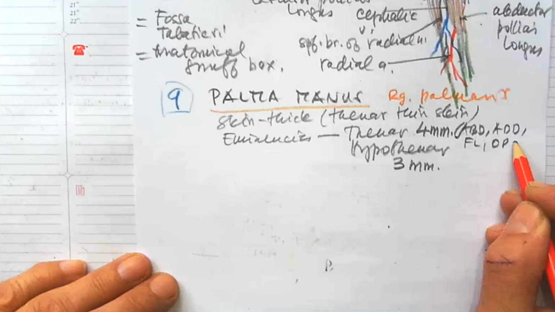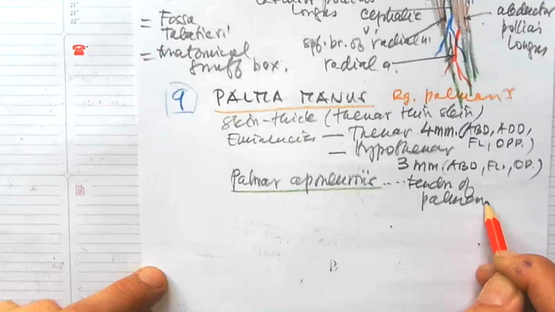The important structure is also the palmar aponeurosis. We know that the palmar aponeurosis is thickened fascia. It runs longitudinally and also has transversely passing fibers. The aponeurosis attaches the tendon of palmaris longus.